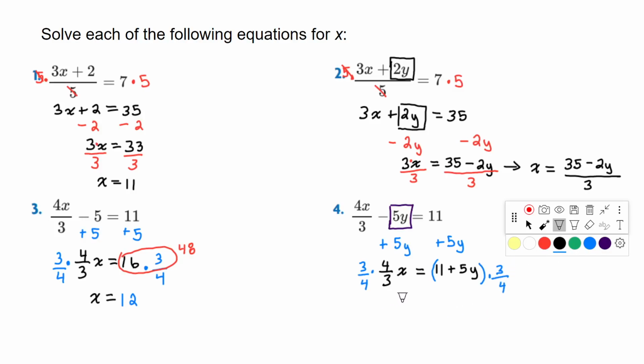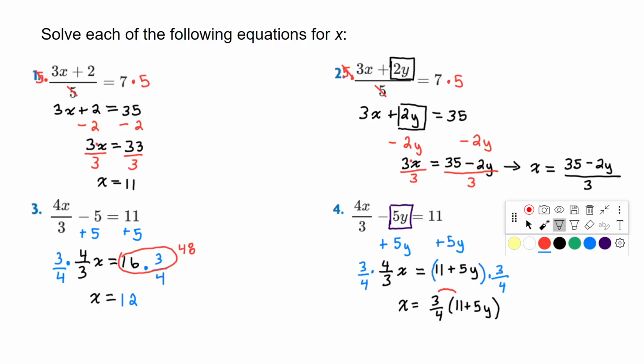So we could write this as x equals 3/4 times 11 plus 5y, or we can distribute the 3/4.